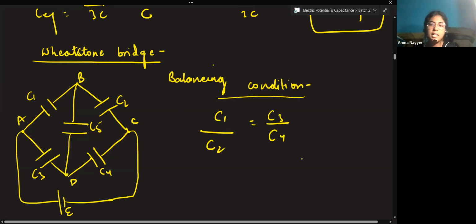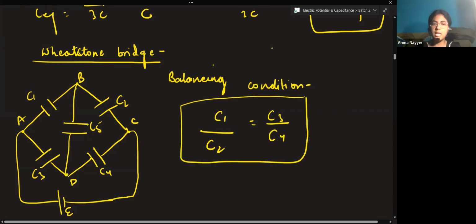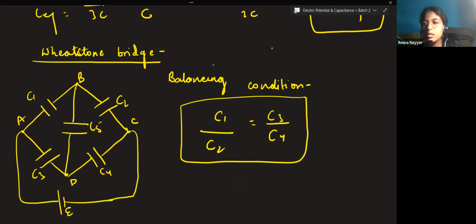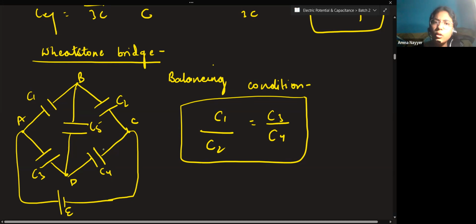This is a balancing condition. So if the question says this is a balanced Wheatstone bridge, find out the other one. For example, C1, C3, C4 have been given to you. The question says that it is a balanced Wheatstone bridge. So use this, take out the ratio, find out C2, whatever unknown is there.